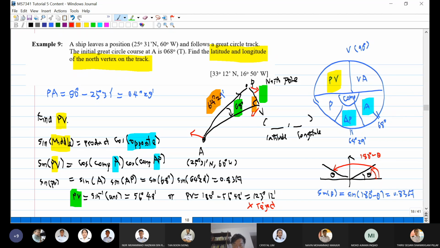That is why after you find one already, the calculator gives you one. Usually it is the smaller angle, then the bigger angle you have to find out. Then you see which one is suitable. The suitable one you keep, the not suitable one you reject. Sometimes you don't know, you just keep both. But this one we know.